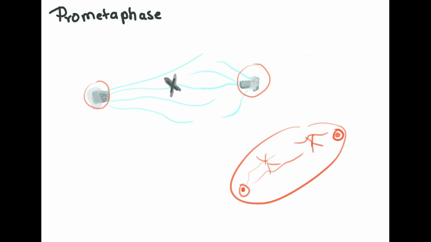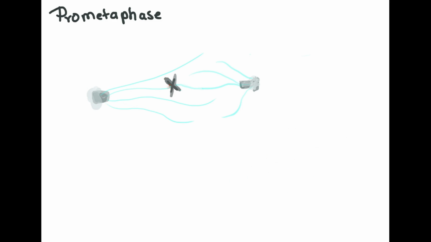So when one kinetochore is attached to a spindle, the chromosome essentially has two kinetochores, so one end is attached here, and the other end will be attached by another centriole. The means by which it will be attached is by the mitotic spindles that project out of the centrioles, and then they find the kinetochores.